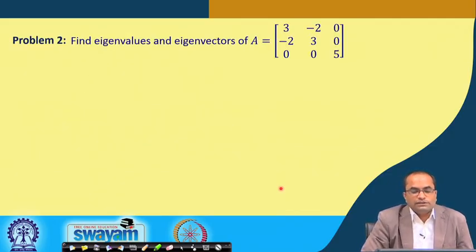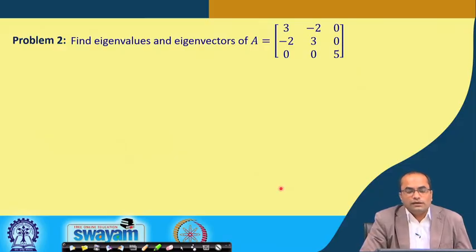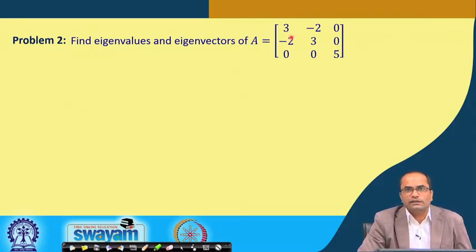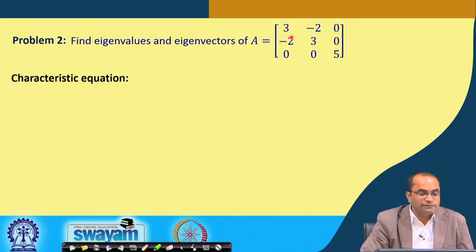Another problem, this is a 3 by 3 matrix. So, 3 minus 2 0 and so on. Here again we want to find the eigenvalues and eigenvectors of this given matrix, which is 3 by 3 now. So, we have to again follow these steps: first we have to write down the characteristic equation, and from there we can get the eigenvalues.